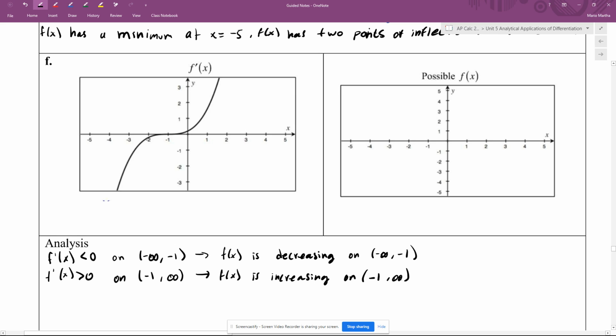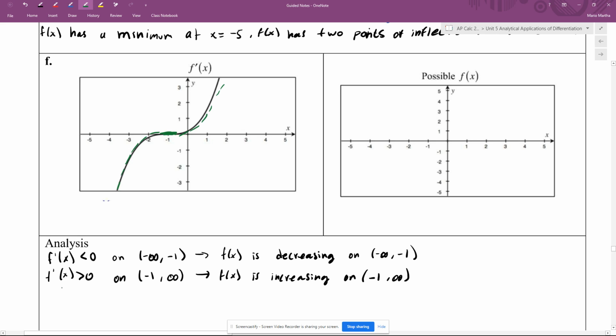And now we're going to start looking at what's happening to the graph of the slopes, right? The tangent slopes. So for f double prime, what's going on with the tangent slopes? It reaches 0 here, and then it keeps going back up, right?